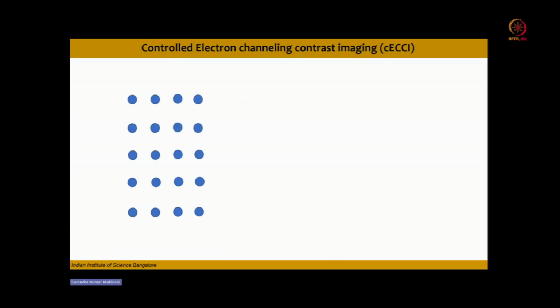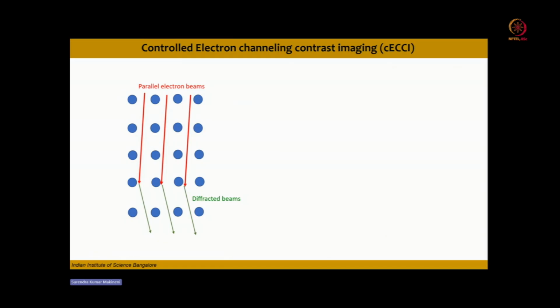Now, for example, if you have a sample with a lattice structure, correct? So this is your sample with a lattice structure. Then a parallel electron beam hits the sample, and it will penetrate into the sample surface, correct? So it goes into the unit cell or the crystal structure. Now, in TEM, what we learned is this unit cell has certain crystallographic planes, and depending upon the orientation they get diffracted beams, correct?